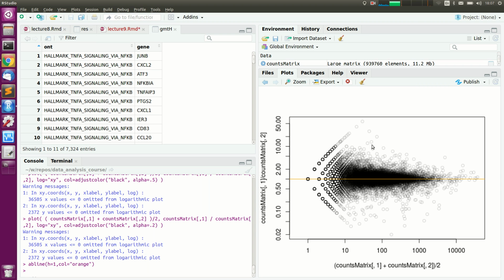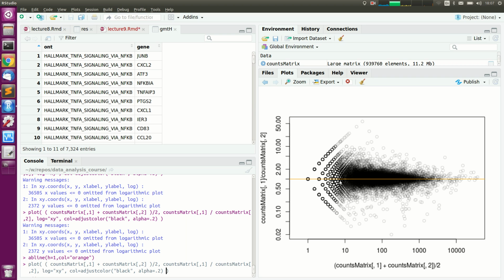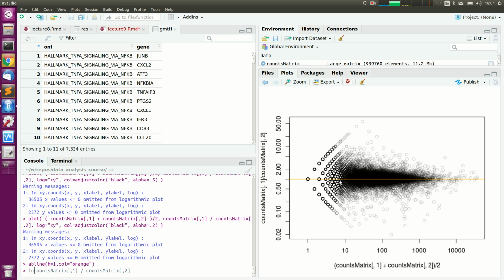Now, one way to see this a bit better is to make a histogram only of the y values, because here it's really hard to see how many points are plotted on top of each other. So let me take just my y-axis part, where I divide the first by the second. I take the logarithm because it's a ratio, and now I plot a histogram of them.